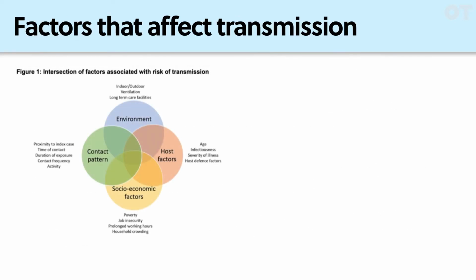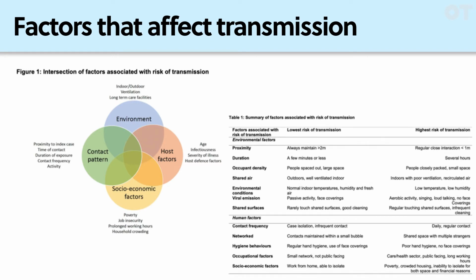Since the onset of the pandemic, there has been lots of work into the factors that affect transmission. And some of this information is taken from the SAGE papers that inform the government decision making.